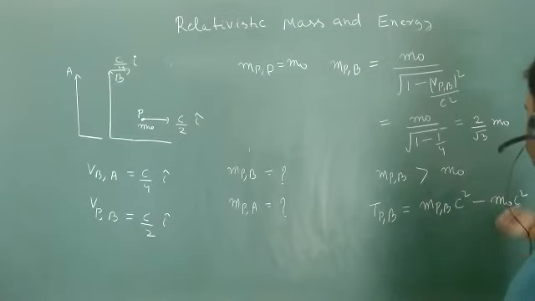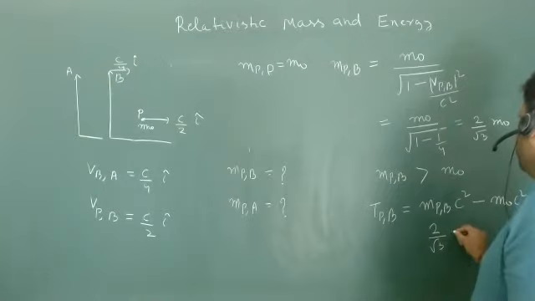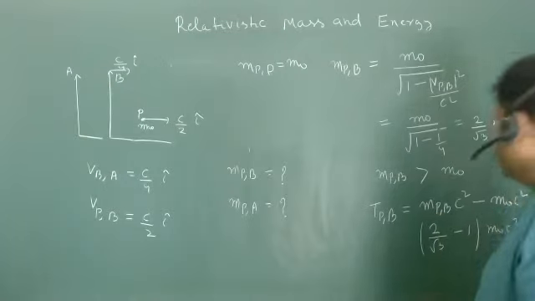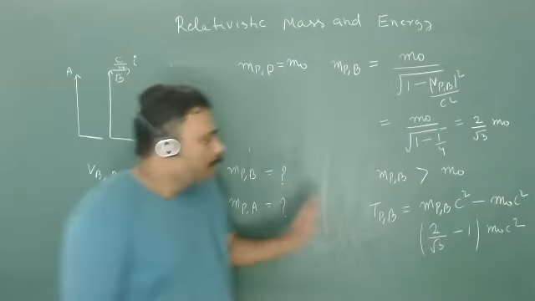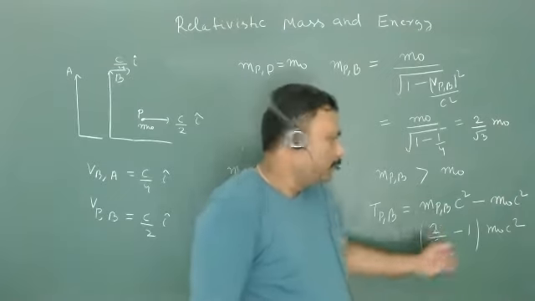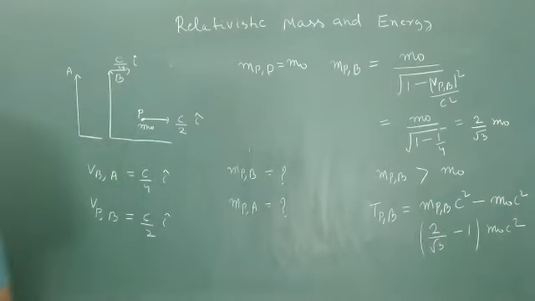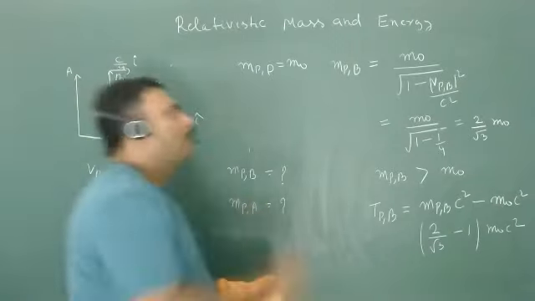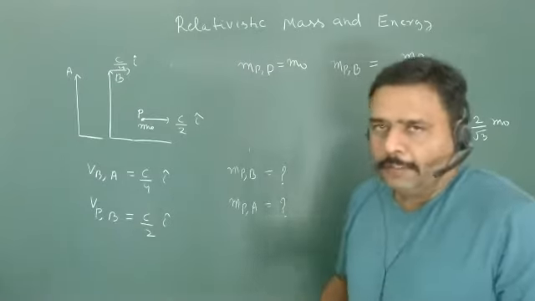You can put this value 2 by root 3 minus 1, and we can put m naught c square, isn't it? Whatever number you get, you should always confirm that this number must be positive. If this number is not positive, then obviously there is something problematic. Okay, this is a very simple, very straightforward question, and obviously this can also come into your exam.